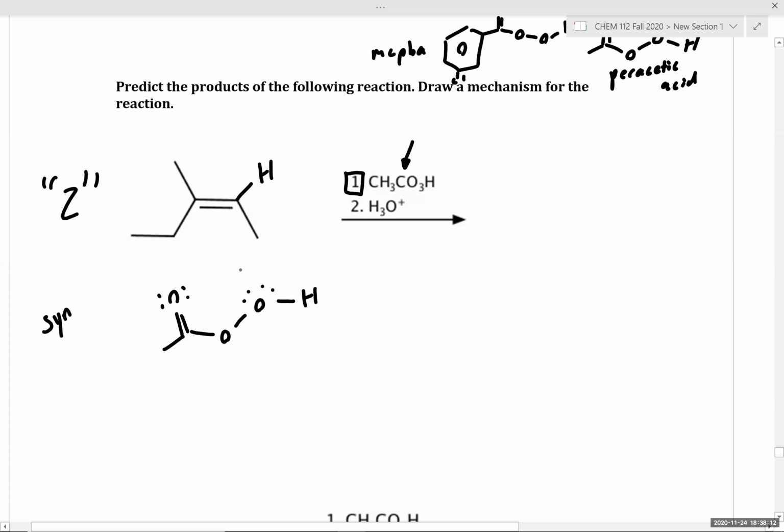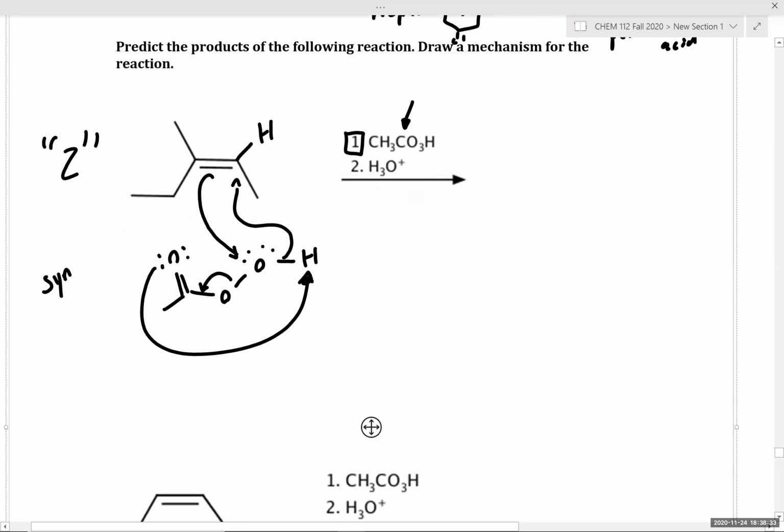Okay, so let's draw the mechanism out. It's concerted. We have our alkene attacking our electron deficient oxygen. We break our oxygen-oxygen bond, and we abstract our proton. This is a concerted mechanism that occurs with syn stereochemistry.